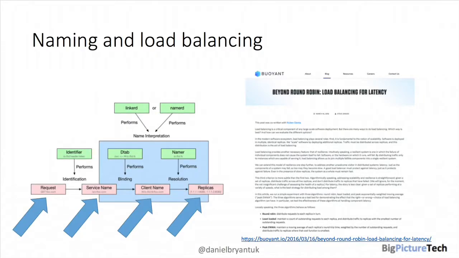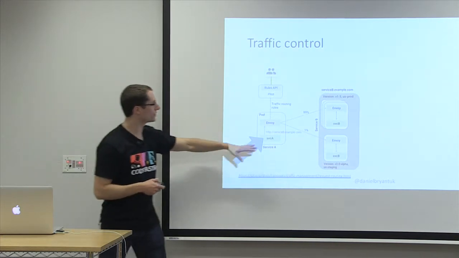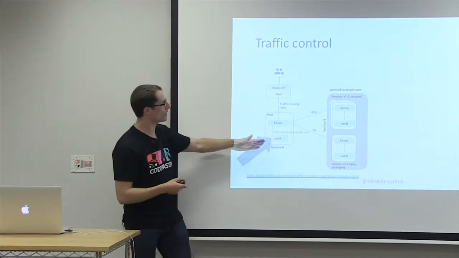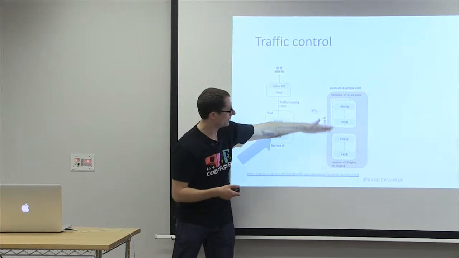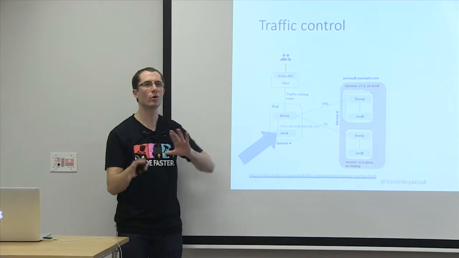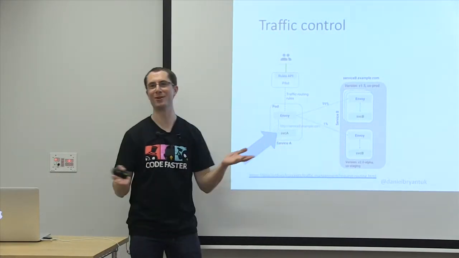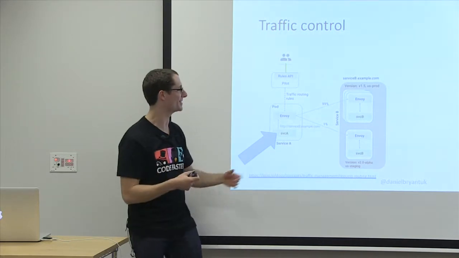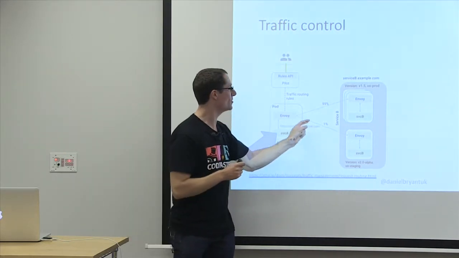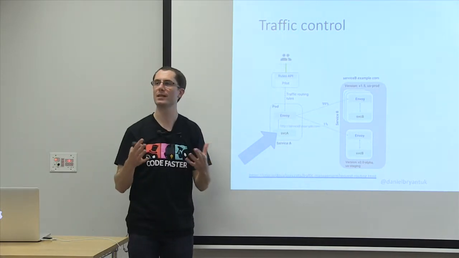You can do things like traffic control. We'll break down a bit more of these things later on, but say I've got service A here, and I want to talk to service B here, and I've got a new version of service B. I'm not sure if it's going to work, so I only want to route, say, 1% of my traffic because I kind of want a canary in the coal mine.